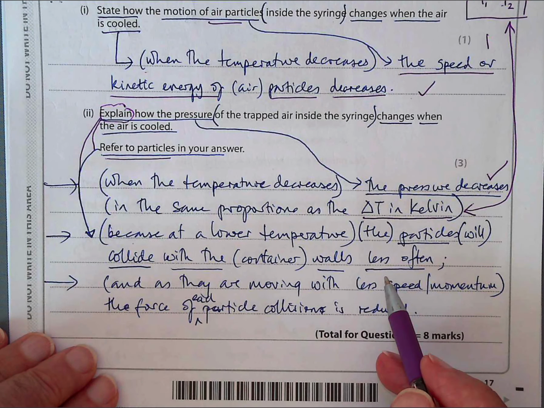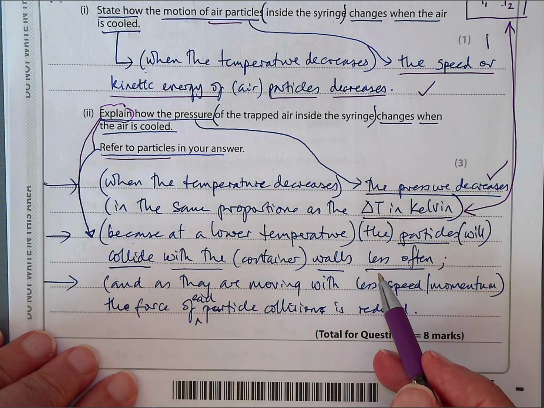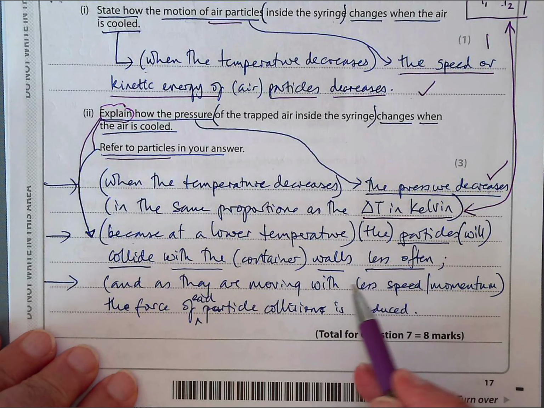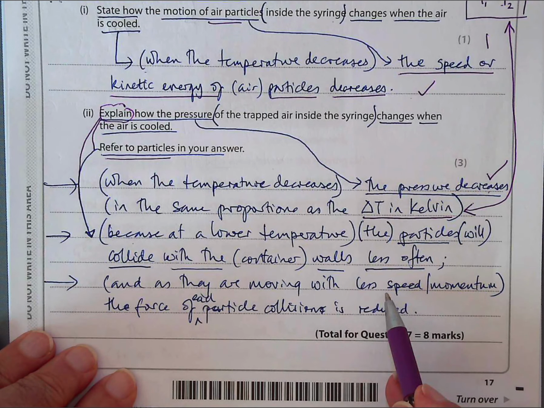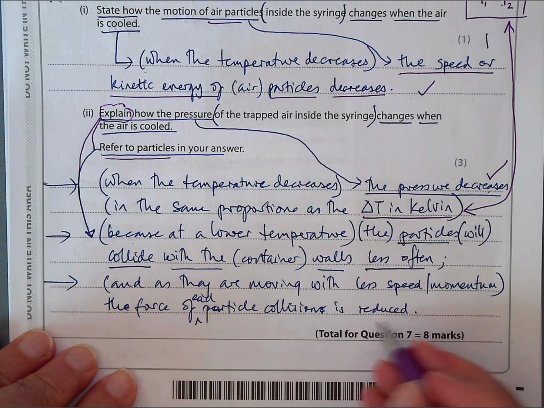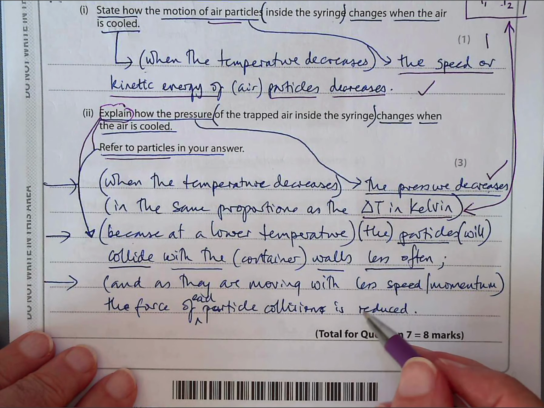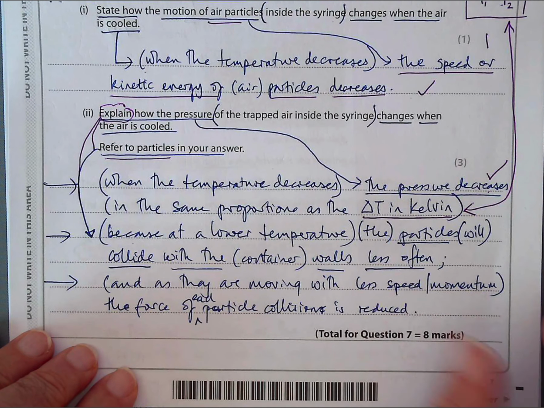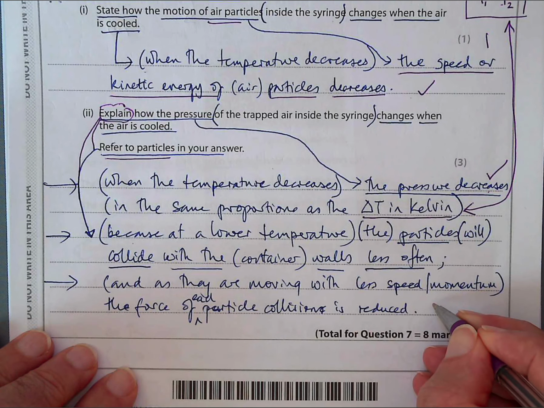So the pressure is due to the microscopic collisions of these particles moving at potentially hundreds of meters per second. And as they are moving with less speed or momentum, the force of each particle collision is also reduced. So the force of each individual particle is with a smaller momentum change, therefore a smaller force.